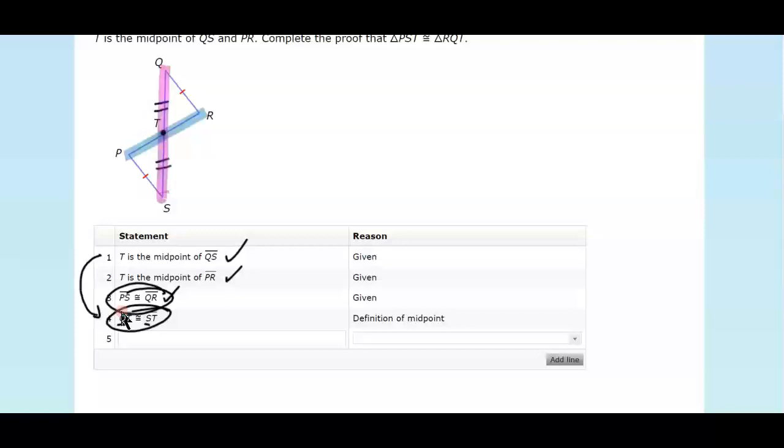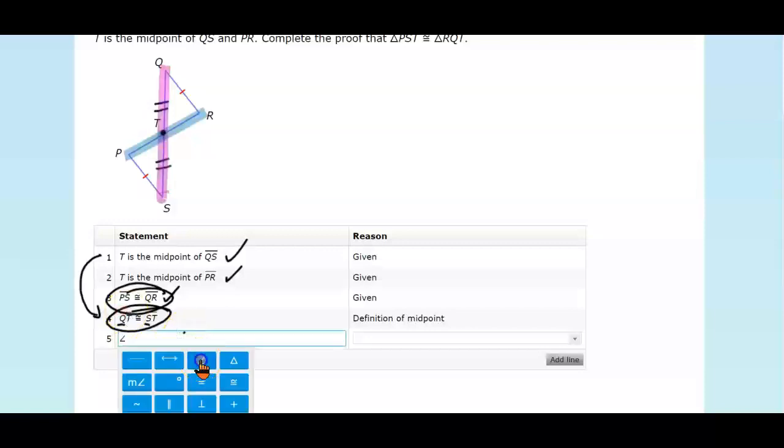Find angles as congruent, like angle STP congruent to angle QTR, based on what? Vertical angles. So yeah, that's one of the approaches that we could use: angle STP congruent to angle QTR, because vertical angles.